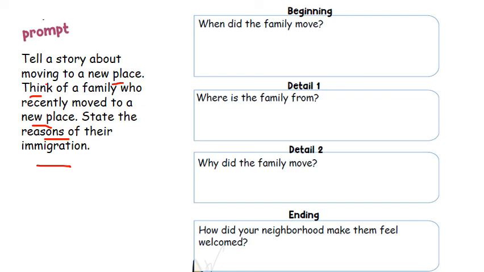So try to ask yourself: where did the family move? When? We have to give the time. Where's the family from? Their hometown. Why did the family move? We have to give the reason. There could be more than one reason. And how did your neighborhood make them feel welcomed?